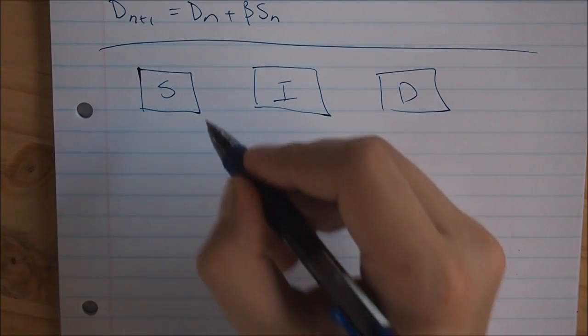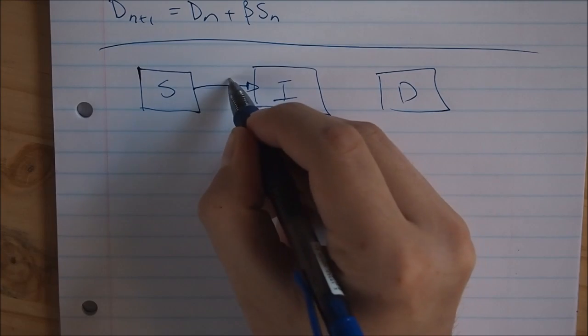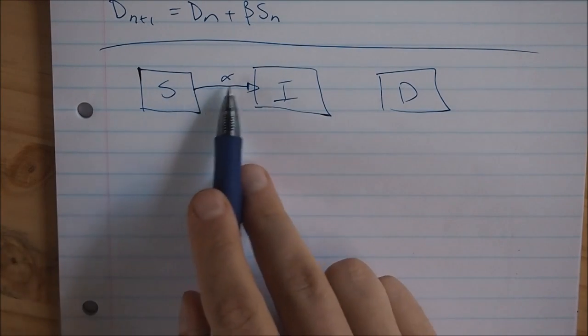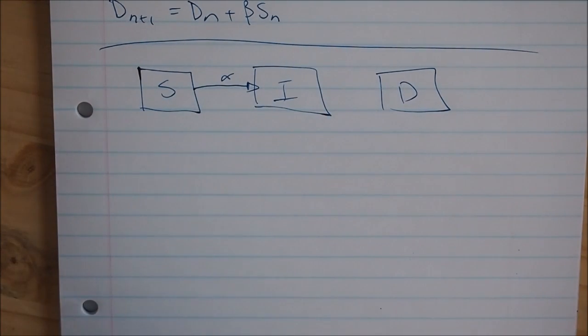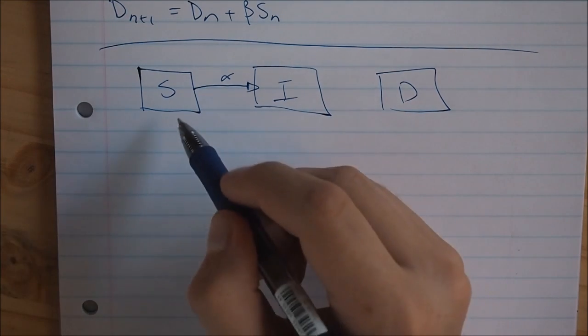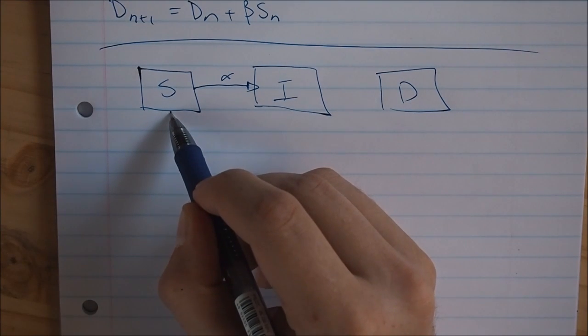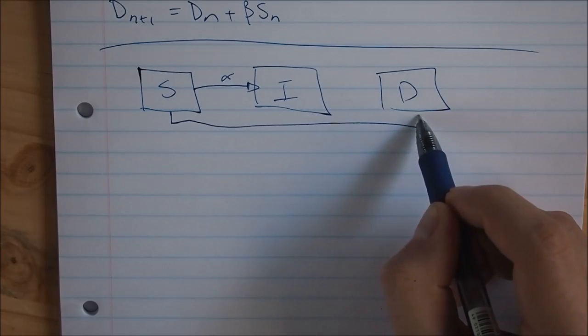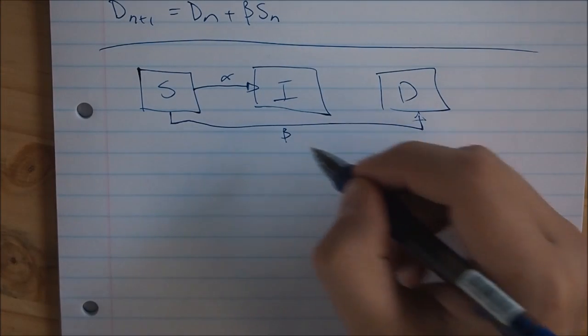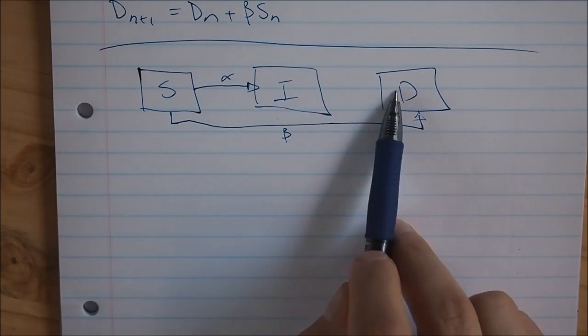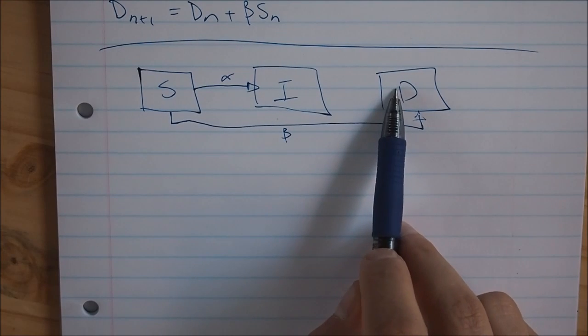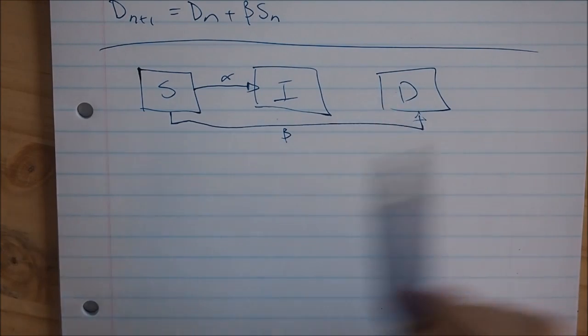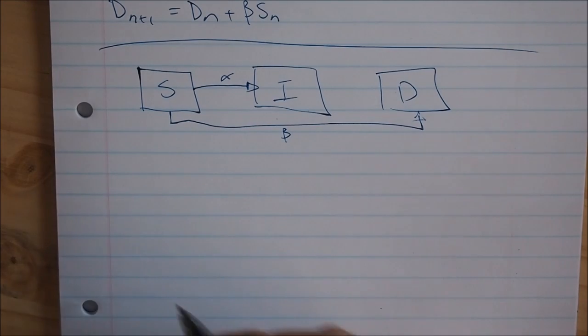Susceptible people can become inoculated at a rate alpha. So we can't inoculate everyone on the first day, but we can inoculate them over a period of a few days. And then susceptible people can also die at a rate of beta. Once they're inoculated, they're immune and they won't move into the death category. And once they're in the death category, they won't move anywhere else.